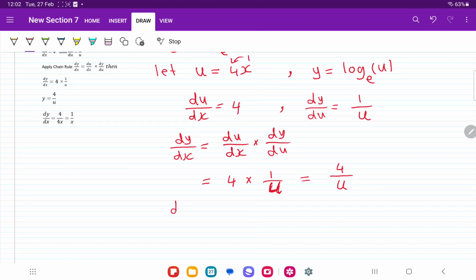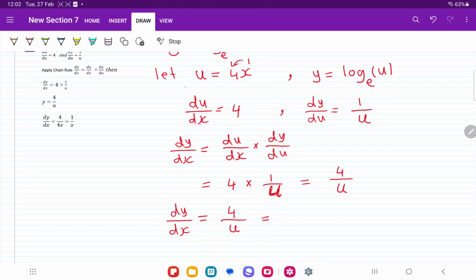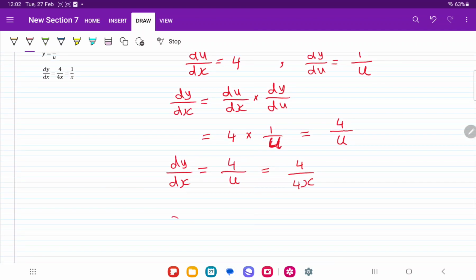So dy over dx is equal to 4 over u, and we have to bring in the value of u, which is this one. So it will be 4 over 4x, and the final answer, 4 divided by 4 is 1, we will end up having 1 over x.